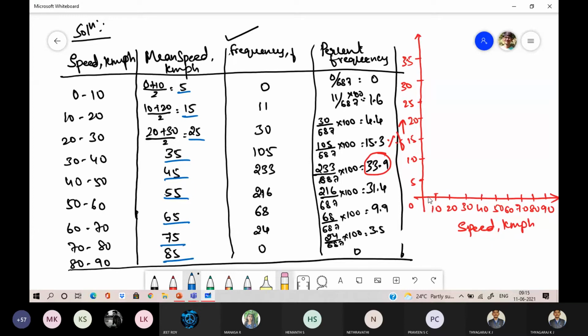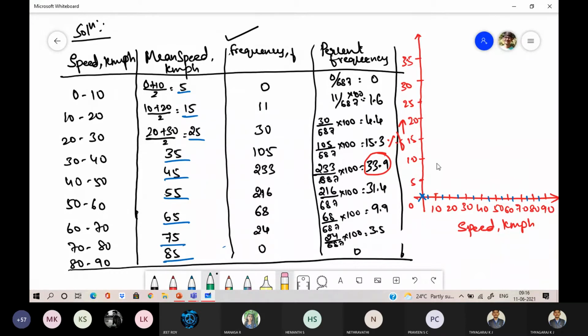So for 5 it will be here. I will mark the mid limit also. The blue color line you can observe here. Now for 5, what is the percentage frequency? Zero. So you will be marking on this line only.